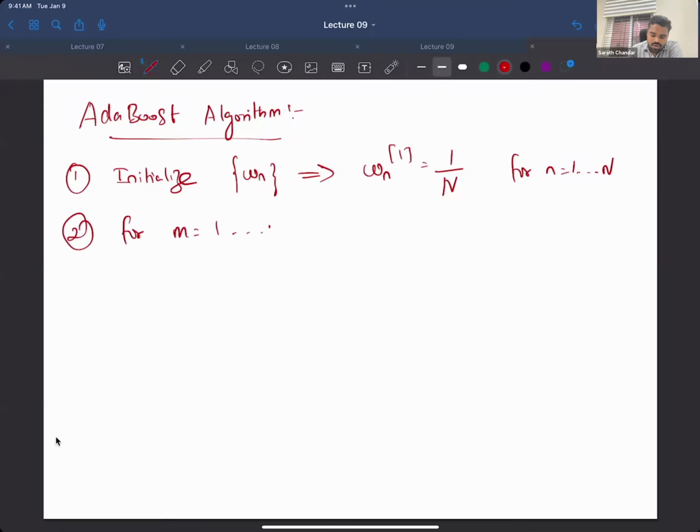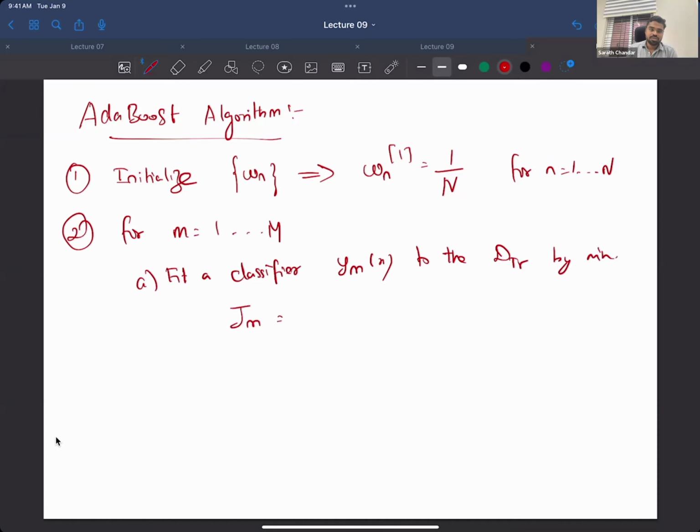Okay. Now, for m equal to 1 to capital M, for each iteration of the boosting process, first I'm going to fit a classifier ym of x to the training data by minimizing this objective function.